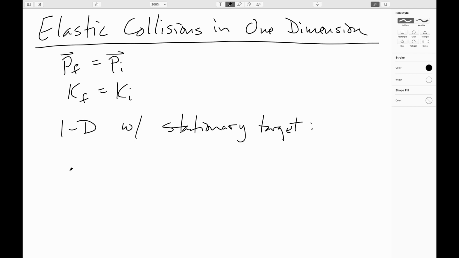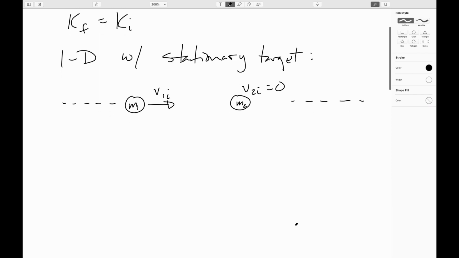So with all that in place, we're just going to say we're acting in one dimension, so everything's happening in a straight line. Let's say that our object that's moving is this mass M1 here, moving at V1 initial, and mass 2 is stationary. V2 initial is 0. Now, for the purposes of the algebra, I'm using implicit signs.